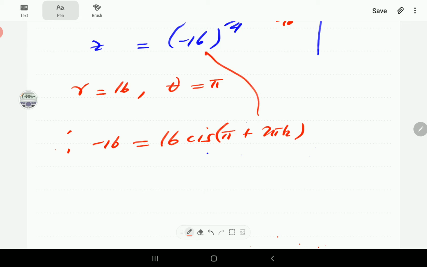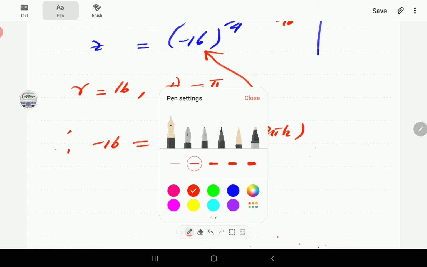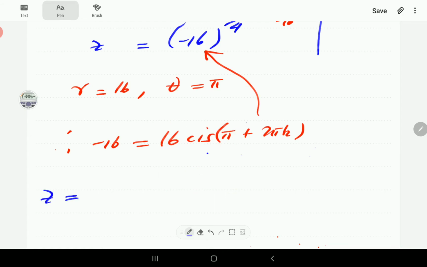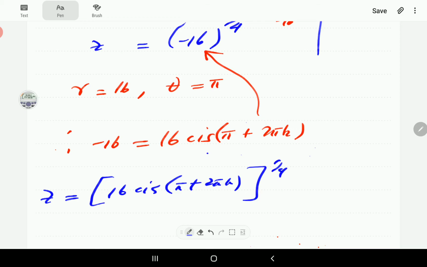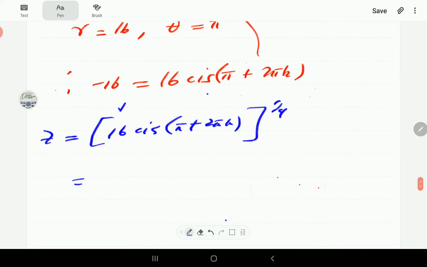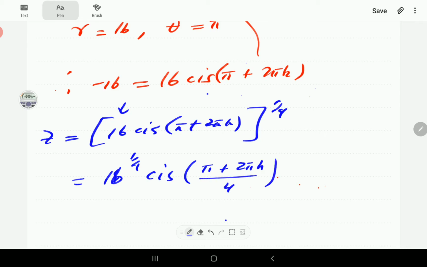Then if we take this and plug it in here, our z is going to be equal to 16 cis pi plus 2 pi k raised to the power 1 over 4. The modulus we raise to the power 1 over 4, and the argument we multiply by 1 over 4, so it's going to be over 4 there.